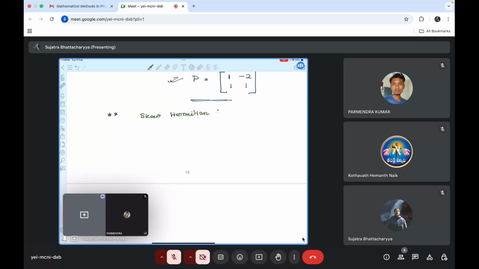So skew Hermitian or anti-Hermitian are the same thing. Here, A dagger is actually minus A, instead of Hermitian where A dagger is A. Okay, diagonal elements. Here, diagonal elements are either real or purely imaginary.